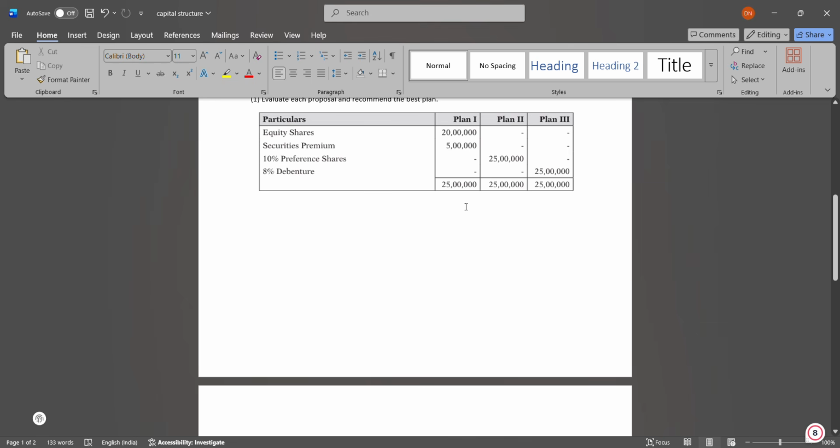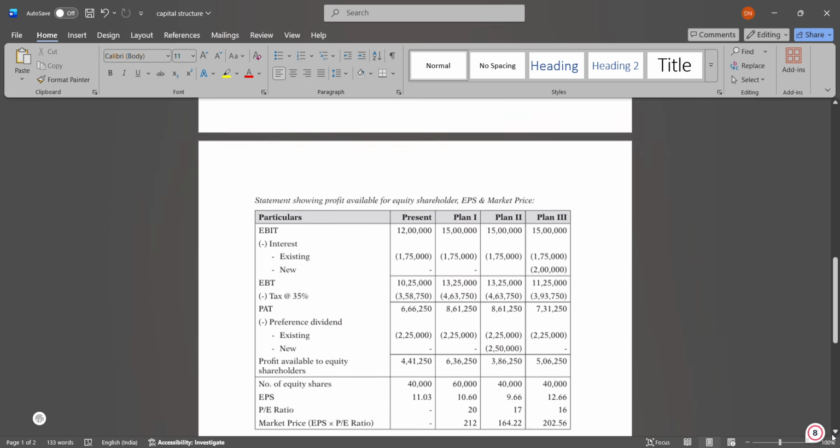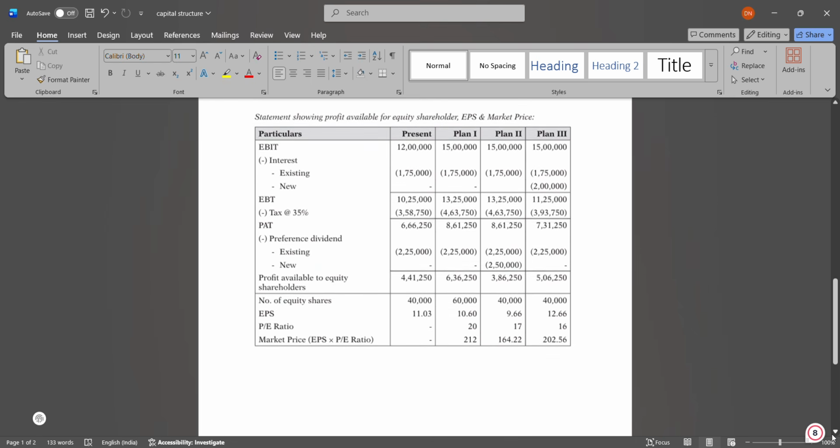So the total investment now becomes 25 lakhs. The second plan is 10% preference shares of 25 lakhs, and the third plan is 8% debentures of 25 lakhs. Now let us go and solve the problem, the actual solution.